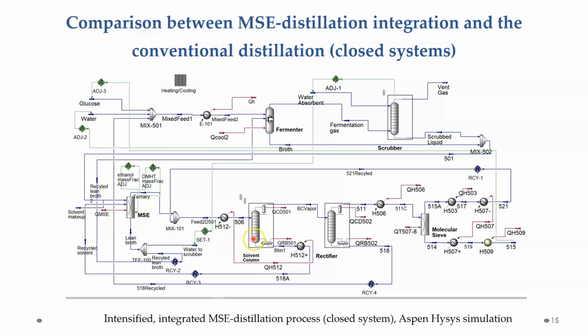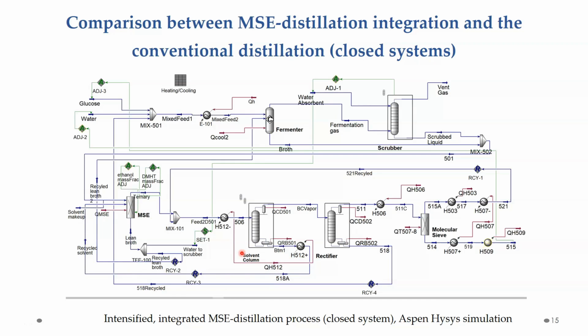Specifically, the solvent column is operated under vacuum condition to pre-concentrate to 72 to 84% ethanol and recover the extractant for recycling use.